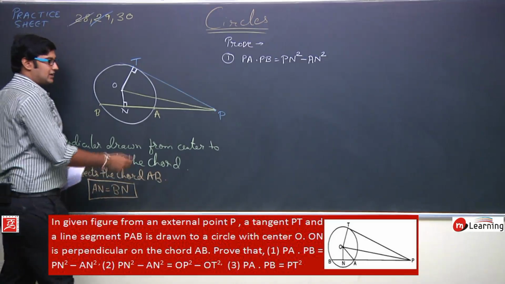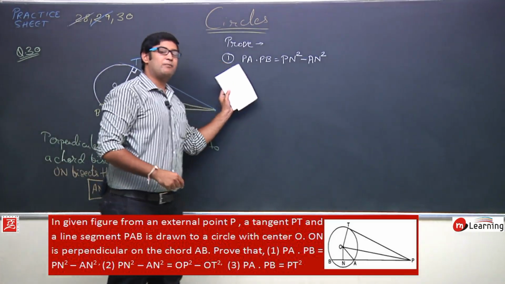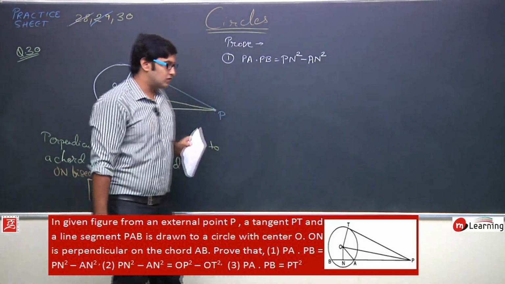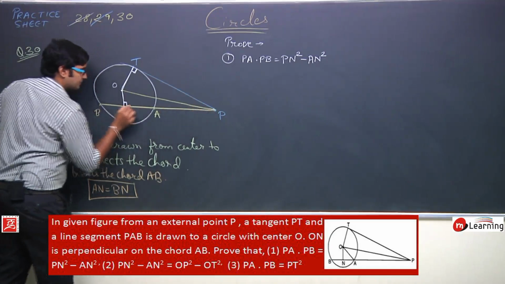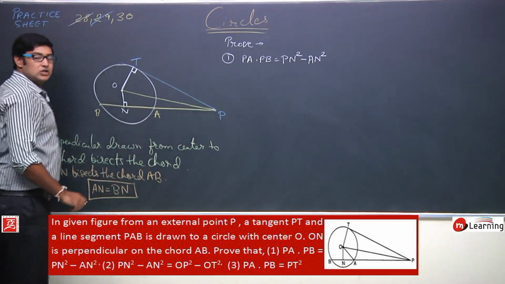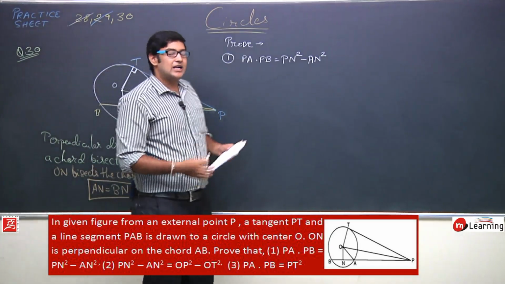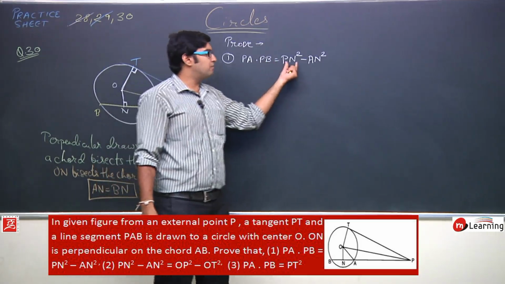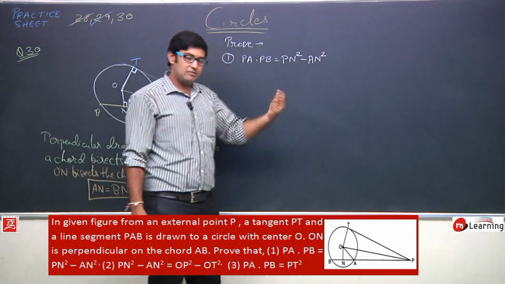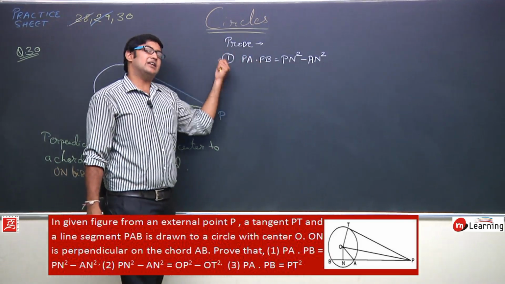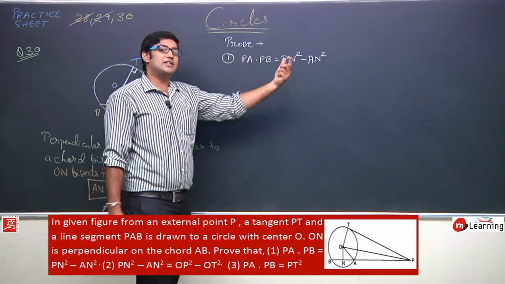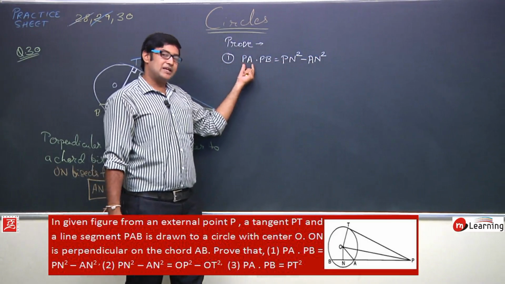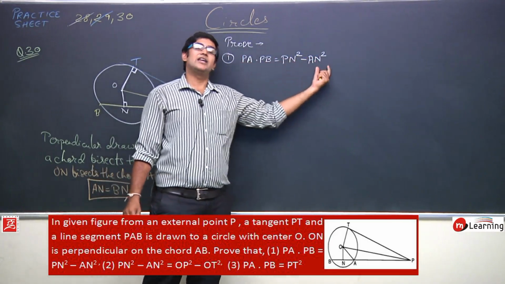I can see that in the LHS I have PA and PB, and in the RHS I have PN and AN. PN is this particular line. So I have to convert PA and PB in terms of PN and AN. Let me repeat this: in the LHS I have PA and PB, and in the RHS I have PN square and AN square. It means I have to convert PA and PB in terms of PN and AN.